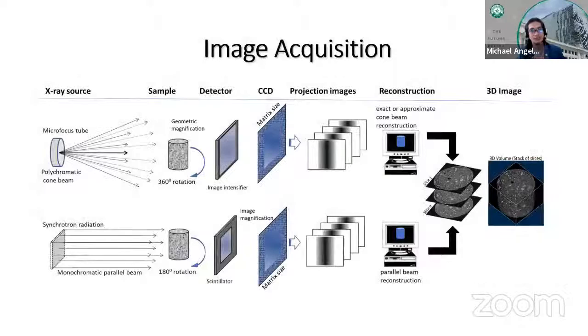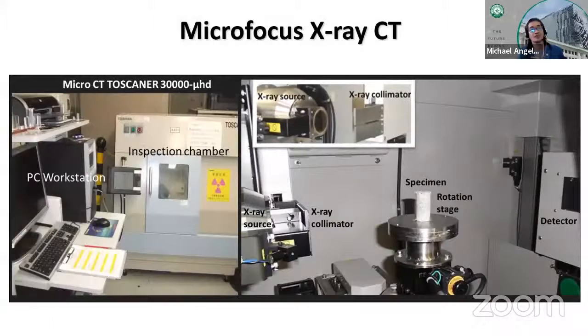Here's an example again of how you acquire the CT image using microfocus X-ray CT. This is your rotation stage. You place the specimen, let's say about 10 millimeters or 1 centimeter in diameter, of this cylinder. And of course, you vary the specification so that you can come up with a better resolution.